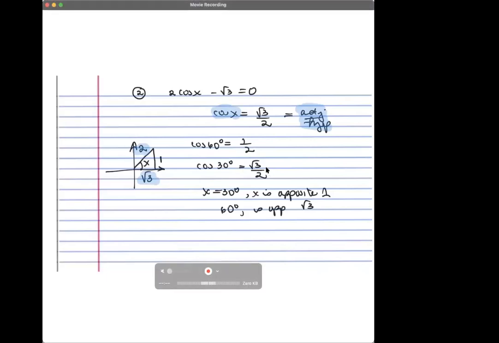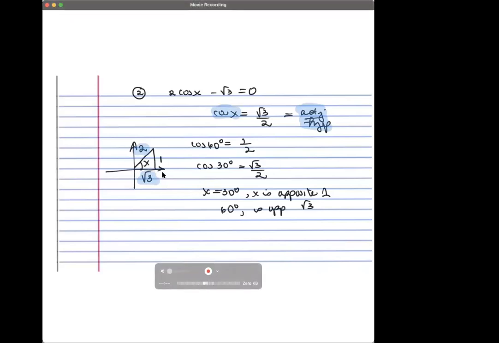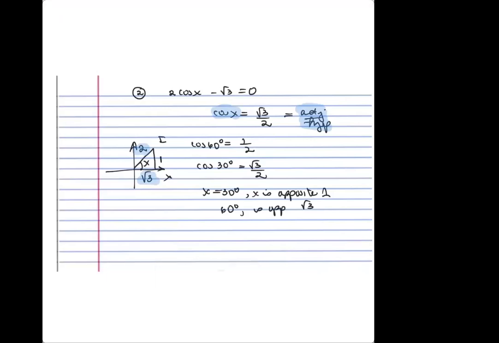It turns out that's not the only place, though. Where else is the cosine positive? Well, it turns out the cosine's positive where the x is positive, and I mean x on the x-axis, not x the angle. So x is positive in the first quadrant, and x is positive in the fourth quadrant.